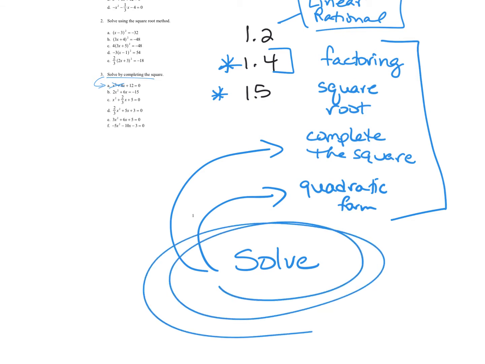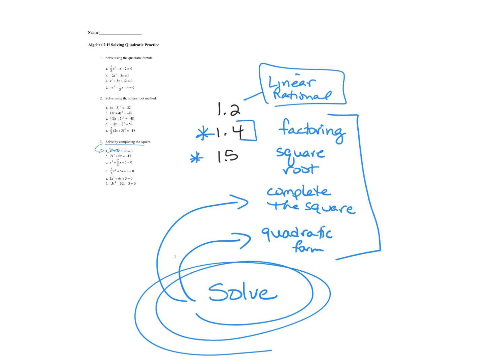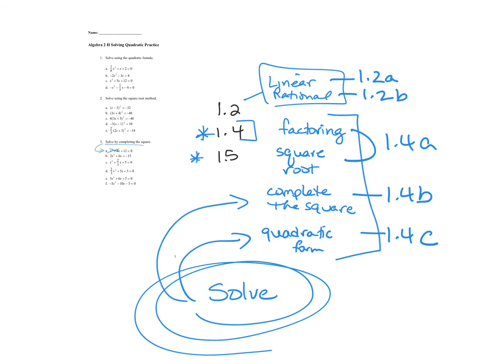Yes, Bradley. So if you think about it, 1.2a, that was linear. 1.2b, that was the rational. And then 1.4a, that was solving by factoring and square root. 1.4b was the completing the square. 1.4c was the quadratic formula.